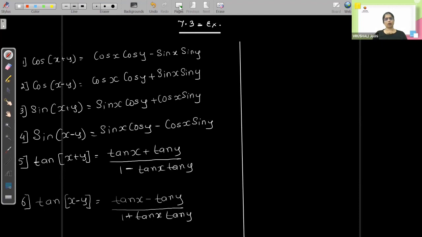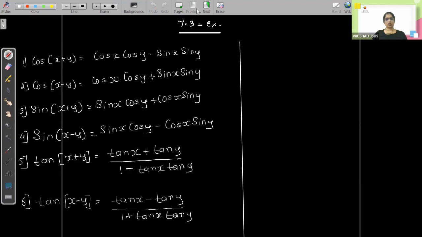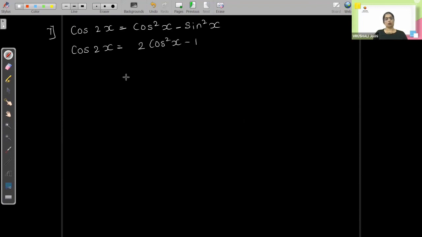Okay. Now let's see. We have, which is this formula, which was sixth one. So let us write the seventh one. Seventh is going to be cos 2x. Cos 2x के बहुत रूप है. कैसे? Cos 2x is equal to cos square x minus sin square x. Then cos 2x is also equal to 2 cos square x minus 1.